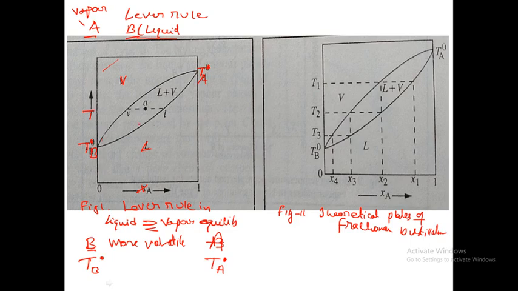In a two-component system of liquid and vapor phase, the composition can be determined by this lever rule.